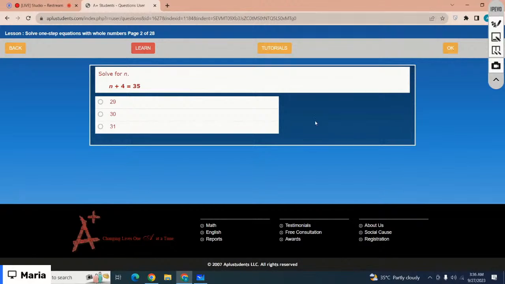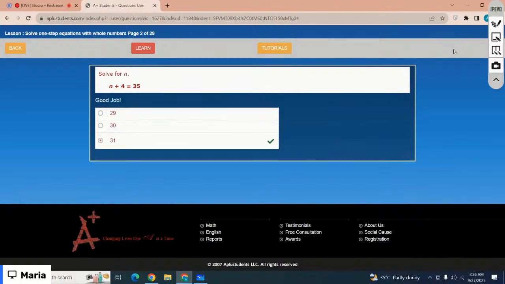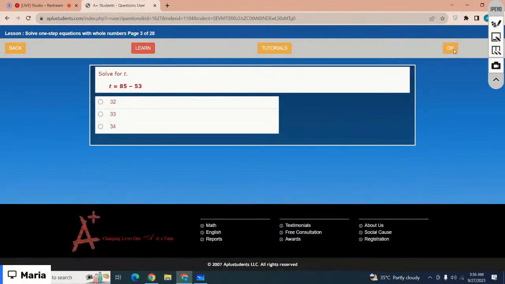Yes, the correct option is 31. Okay, the next one is t equals 85 minus 53. So which is the correct option? The correct option is 32, right?